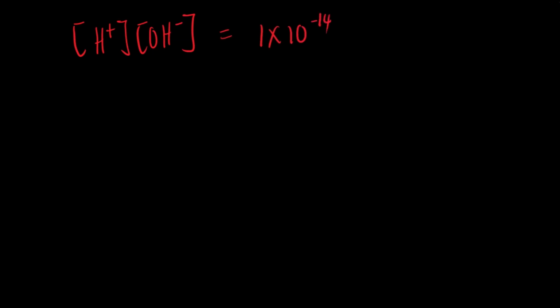Now, it's also good for us to take note of the fact that from the ionic product of water, the hydrogen ion concentration multiplied by the OH ion concentration is equal to 1 times 10 raised to the power minus 14, which is the ionic product of water, Kw. Given the concentration of hydrogen ion, we could actually calculate the concentration of OH ion.